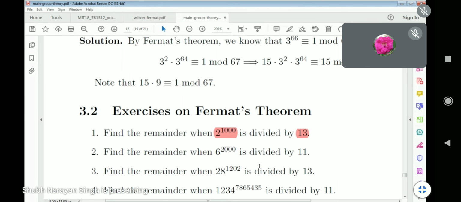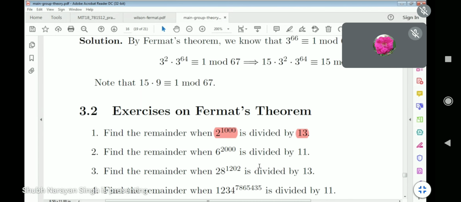Sir, answer is 7. See, we cannot guess. Please send your solution on the common WhatsApp group. Your solution can be wrong, can be right, it doesn't matter. And don't worry about your solution.